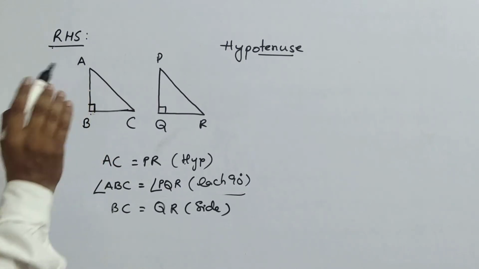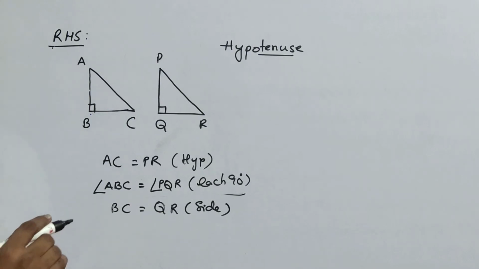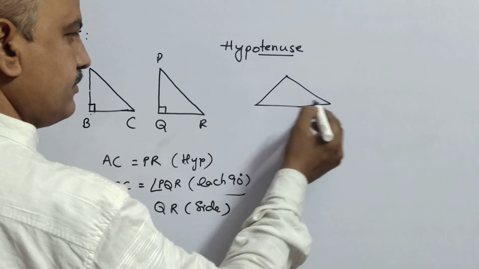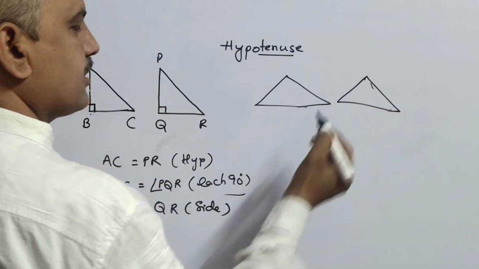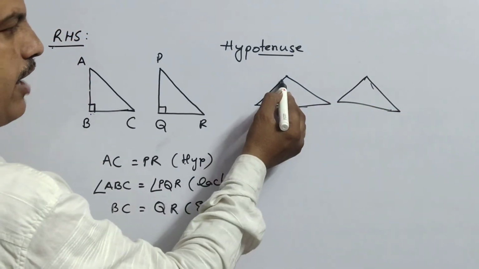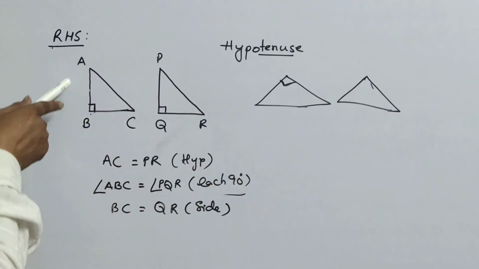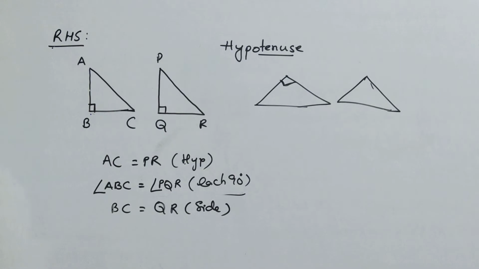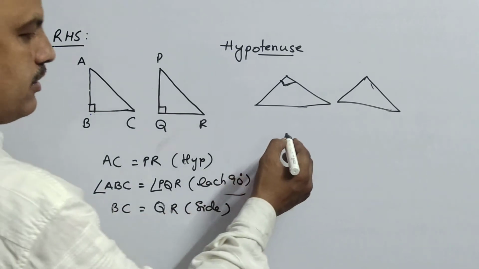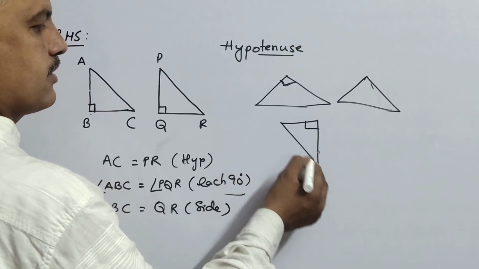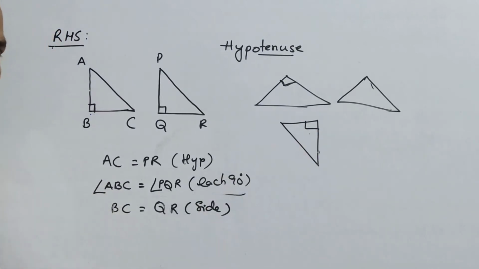One thing you may doubt: suppose the triangle is like this. It is not compulsory that you draw it in this way only. The right angle triangle can be drawn in many ways, and they can place 90 degrees like that.